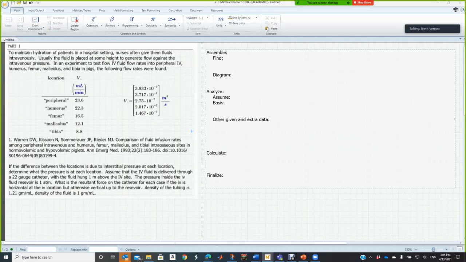All right, if you've had a chance to look at that, let's think about the find statement here real quick. In this case, you're looking for a couple of things. If you think about this, you've got an IV bag that's got fluid in it hanging above the patient, and then the tubing that goes down, and then the needle stuck into various different veins in the subject.